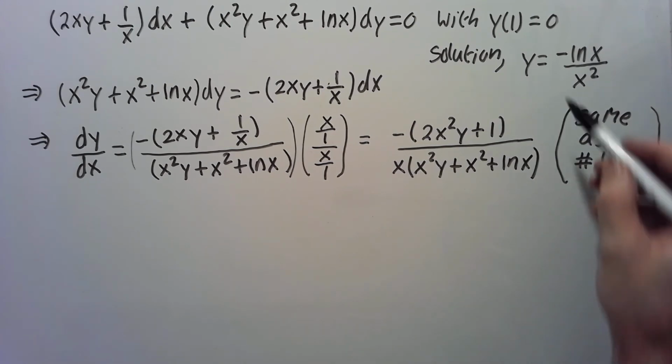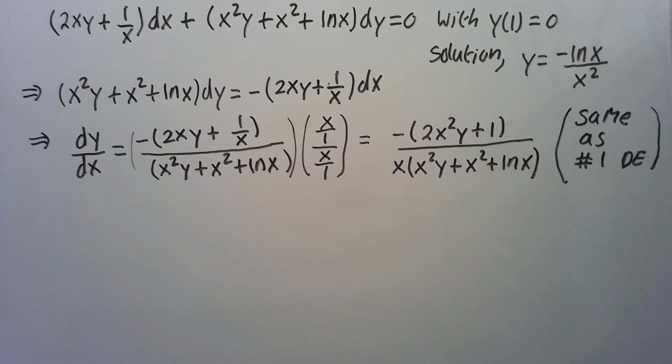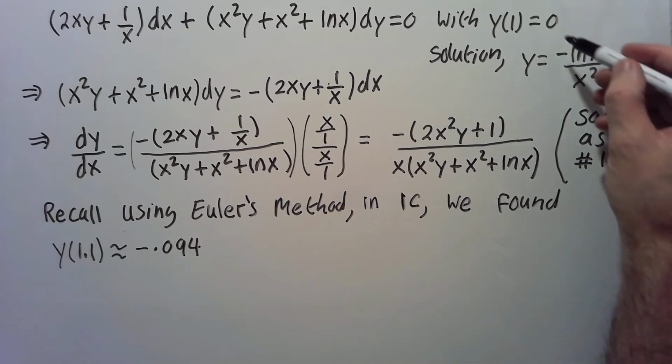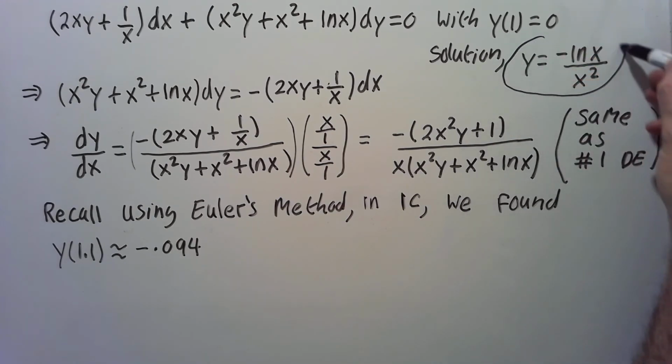Okay, so we know this is the solution up here. So recall now, using Euler's method in question 1c, we found that y of 1.1 should be approximately equal to negative 0.094. But now we have the solution exactly up here. So we can check how close our approximation is.